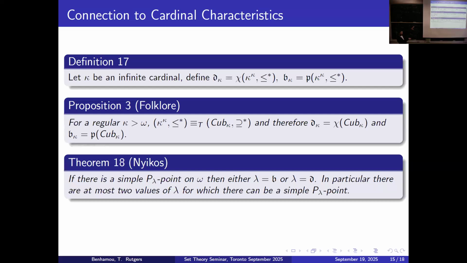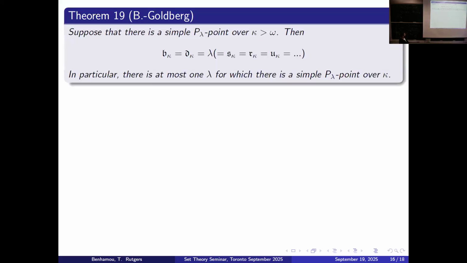And now when you have a measurable cardinal, you can always Rudin-Keisler project it to a normal one, and then you get new ZFC inequalities there. That's the theorem.